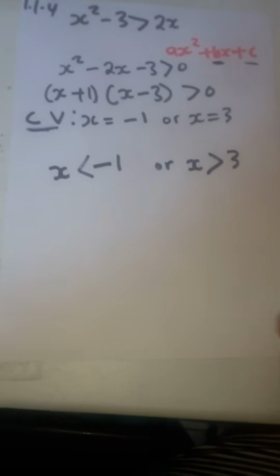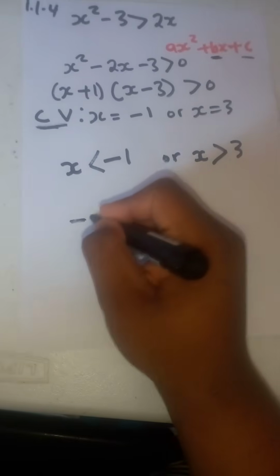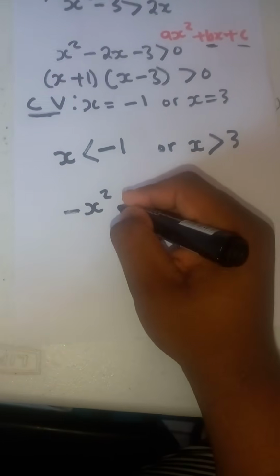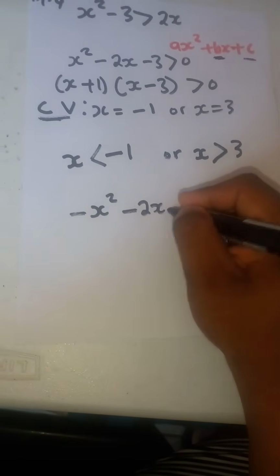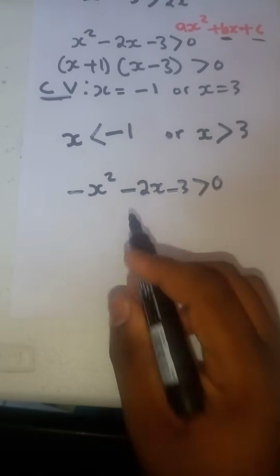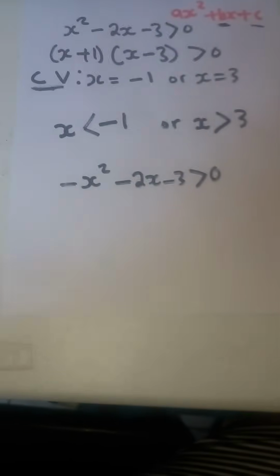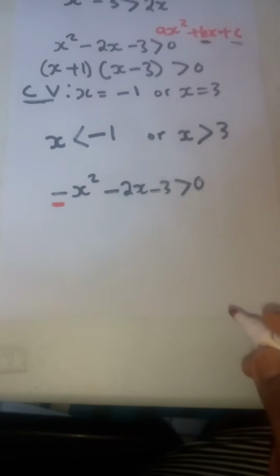So now let me show you a case whereby you'll have something which is negative. I'm going to take the very same example. For example, you'll be having something like negative x squared minus 2x minus 3 greater than 0. When it is like this, don't rush. Make sure that the value of a is positive.